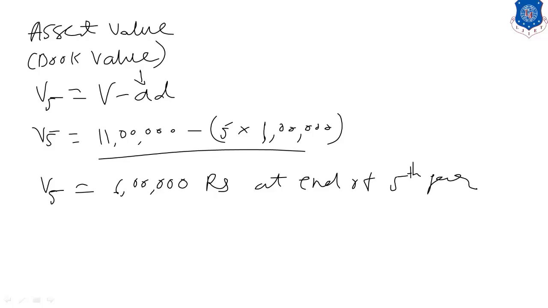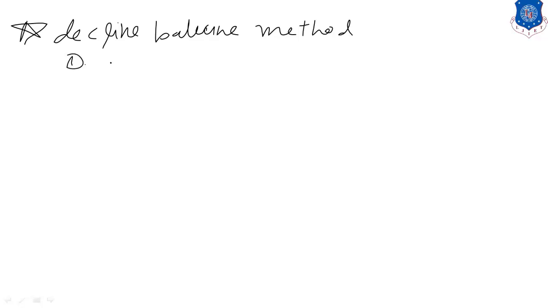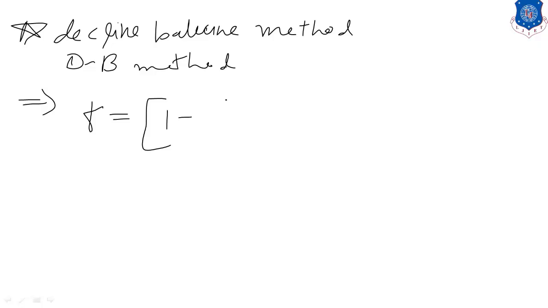Now let's find the depreciation using the declining balance method, which is also known as the DB method. For the declining balance method, first we have to find the fixed percentage, represented by small f, which is given by 1 minus (Vs upon V) whole raised to 1 upon n.